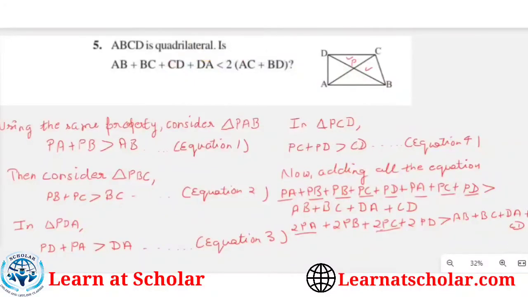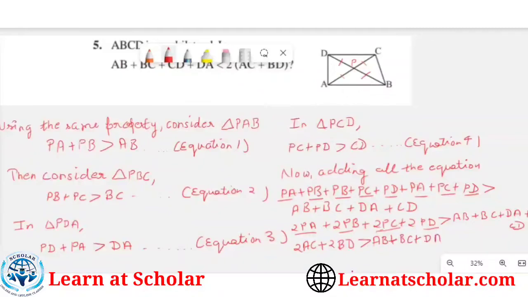PA plus PC is equal to AC. Now PB and PD, these two sides make up one side BD. So 2BD is greater than AB, BC, DA and CD.